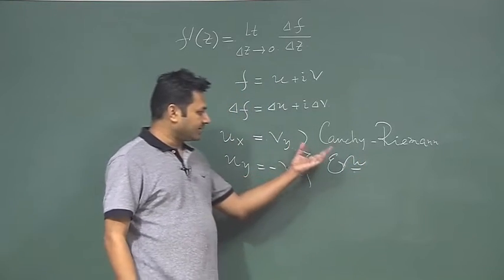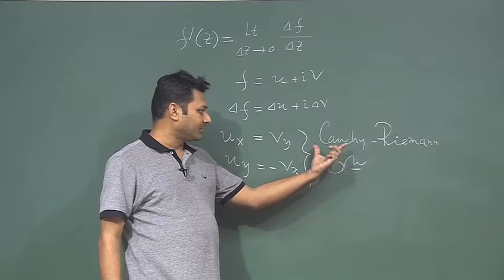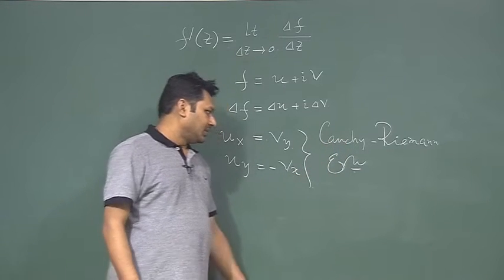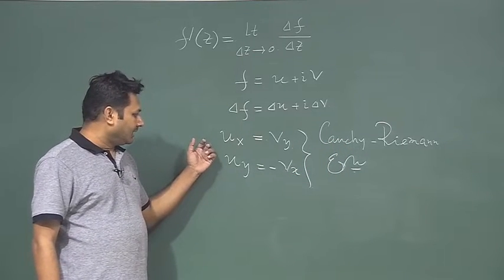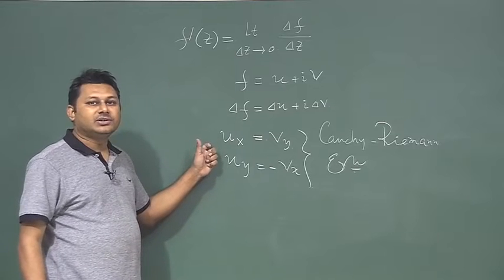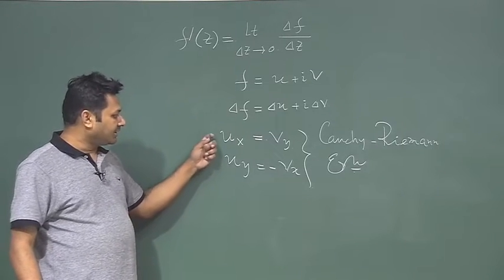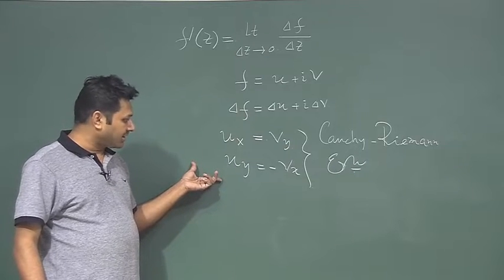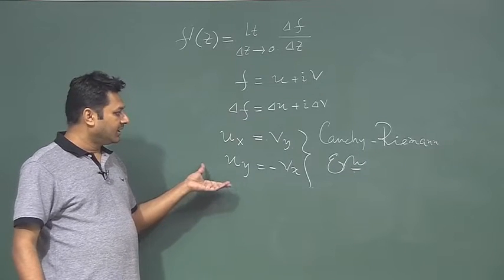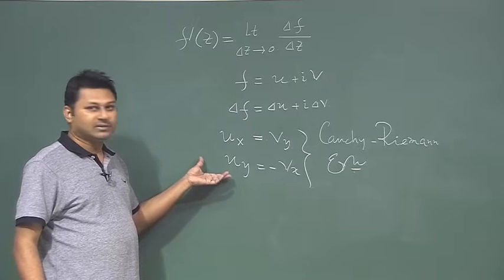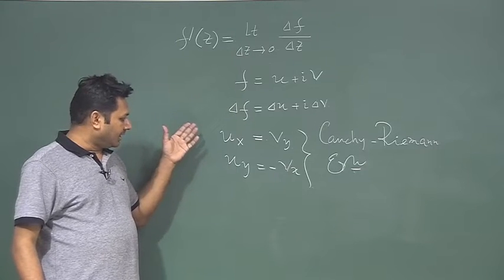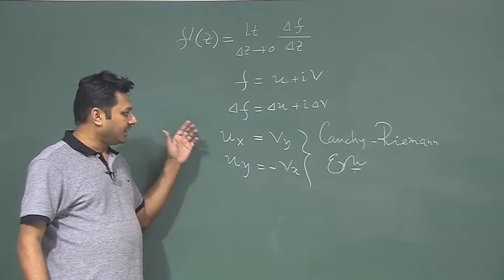Sometimes it is pronounced as Cauchy, it's up to you. So, this is a very important condition for a complex function, because, as I mentioned in the last class, this is a necessary condition for a function to have the derivative. It is not a sufficient condition.